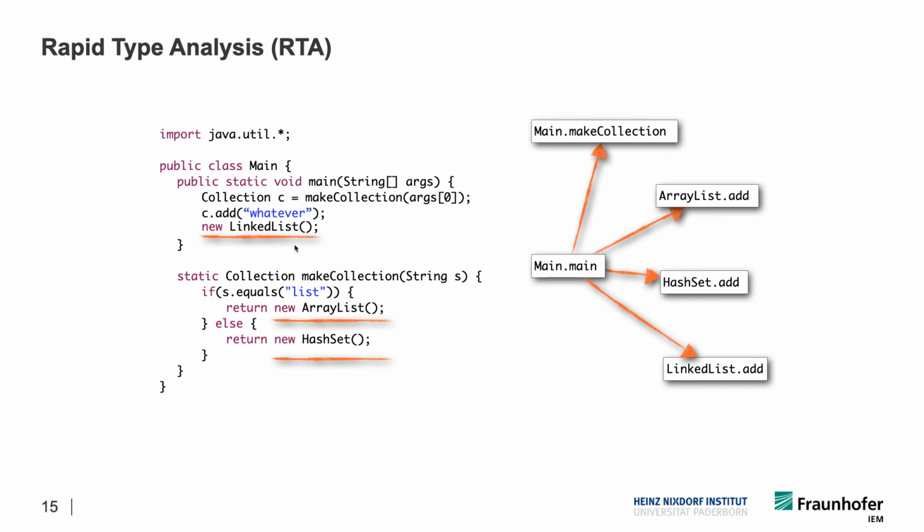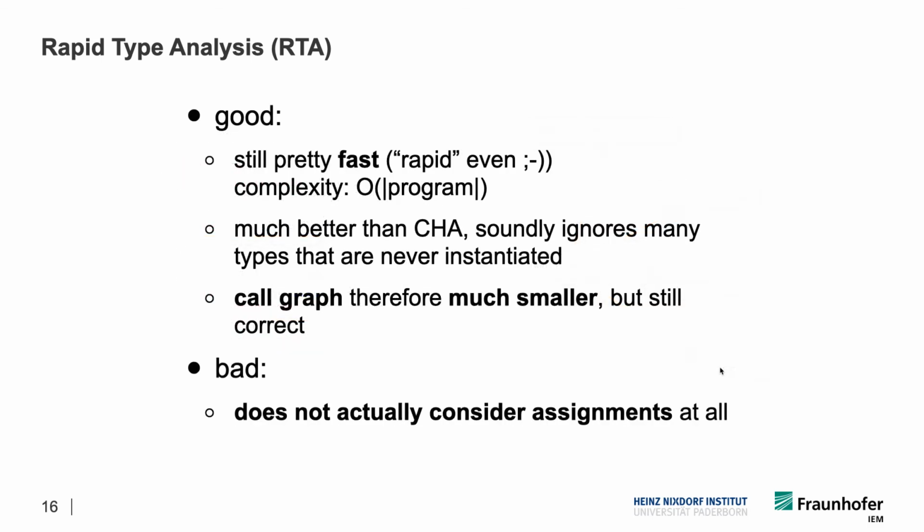But it's already a lot better than CHA because, like in this little example, you're already seeing that we have cut down the call graph a lot. And there are actually statistics that show that in many cases, RTA is already good enough to get rid of 70–80% of the spurious calls that you would normally have in your call graph. So what's good about it is it's still pretty fast. That's also why it's called rapid type analysis.